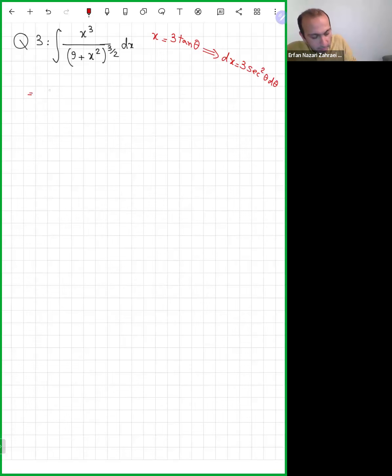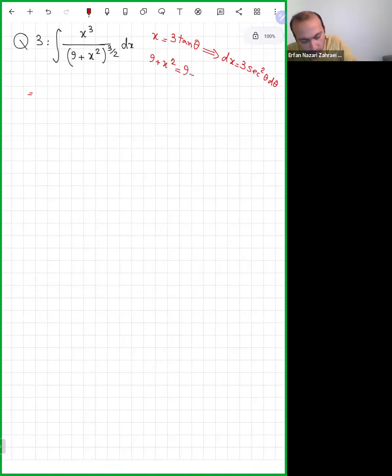And then let me substitute everything in this. So I have 9 plus x squared. Let me compute it separately to just replace the whole thing. So 9 plus x squared is, x is 3 tan theta.